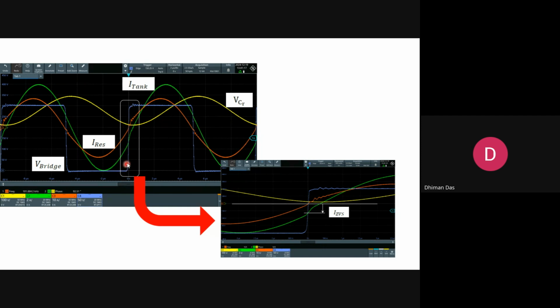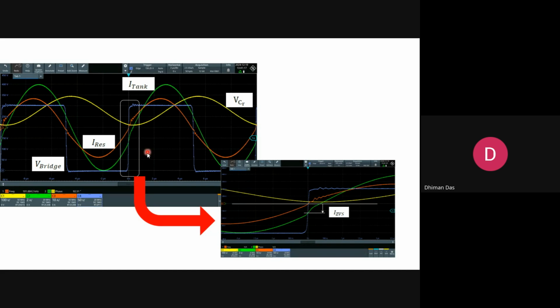See, it is following some slope, some curve. Since the output capacitor of the MOSFET is non-linear in nature, it depends on the voltage. So as the voltage rises, the capacitance changes. That is why you can observe this slope is different, this slope is different, and it follows some slope instead of just shooting up from 0 to 1.